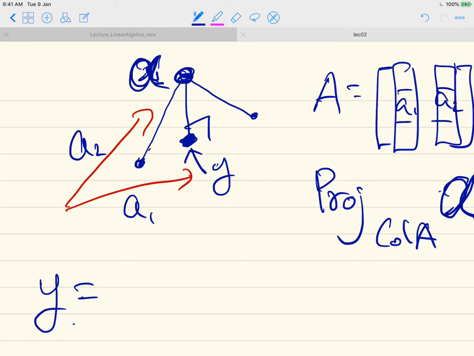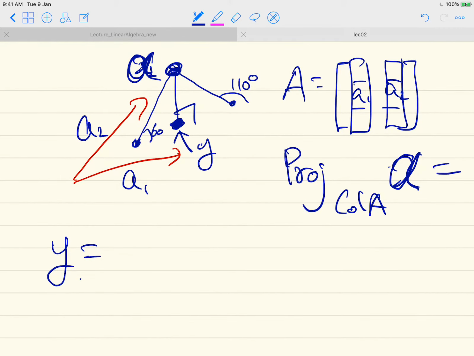The angle might be different, like maybe 60 degrees and 110 degrees, but all three points should be on this plane, which means those three points should be inside the plane spanned by these two vectors a1 and a2, right? Okay, and so it can be represented. Yeah, so let's see.